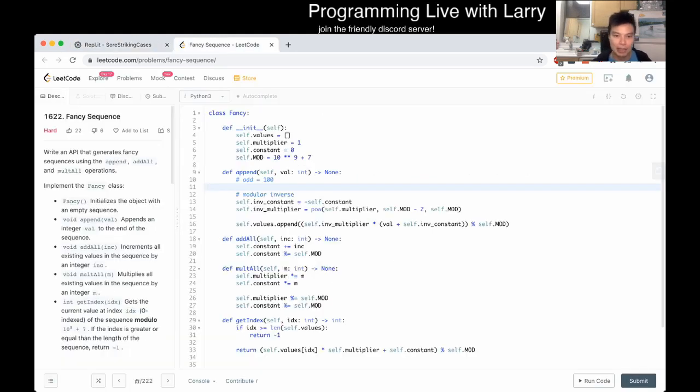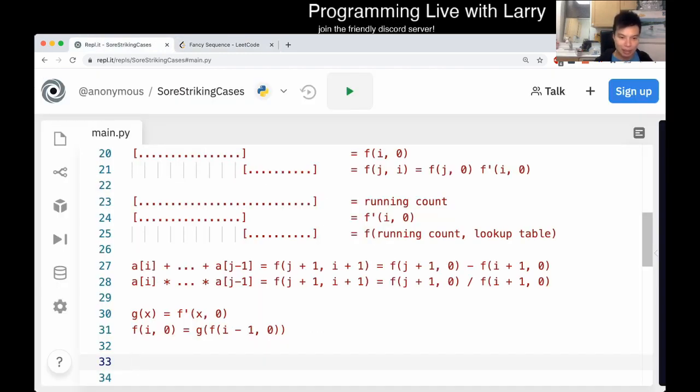In this case, we also have to take care of the mod. So basically what we have here, ignoring the mod for a second, is that in a normal case we could store this as this plus c, right?